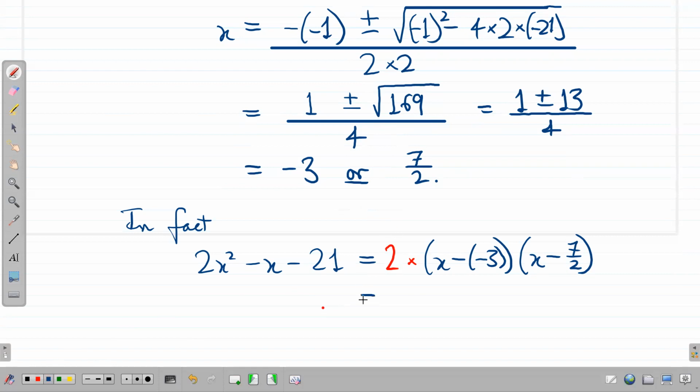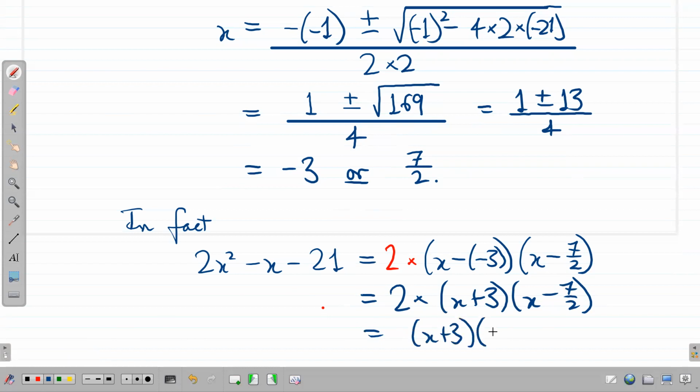So if you work that out further, that's 2 times x plus 3 times x minus 7 over 2. And if you prefer, it looks a bit nicer if you take the 2 inside here. That gives you x plus 3 times 2x minus 7.